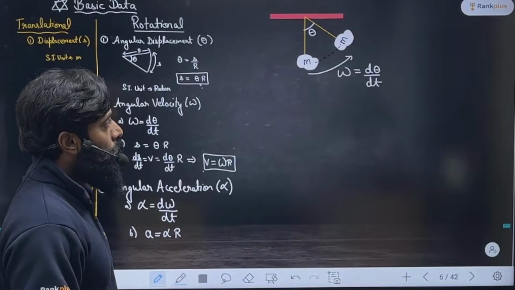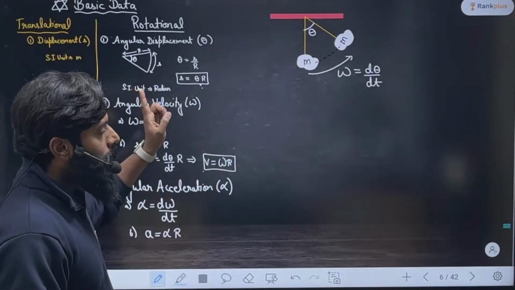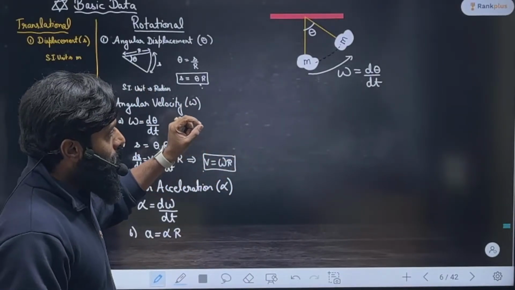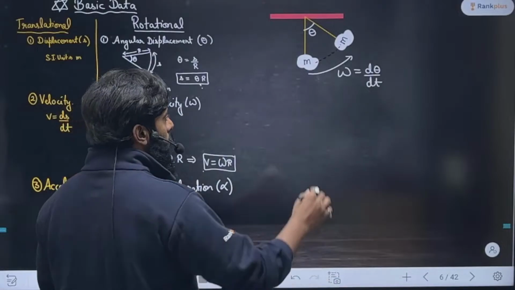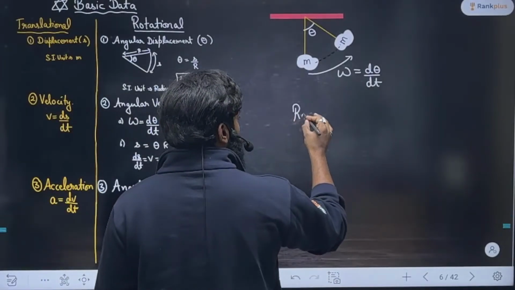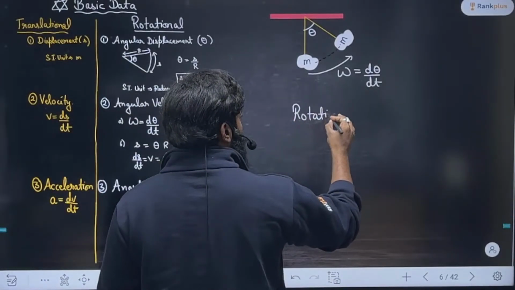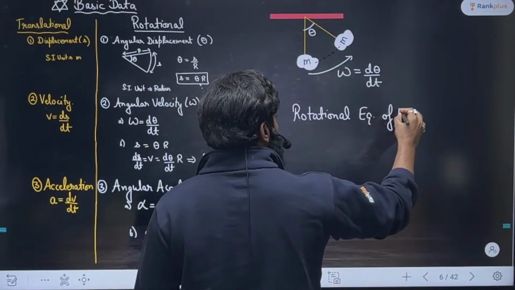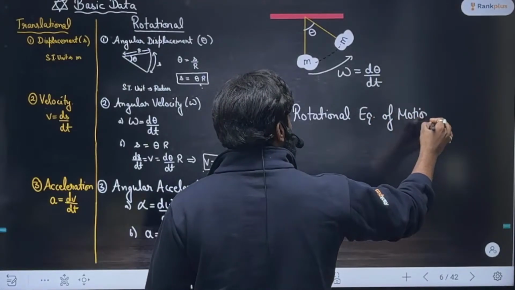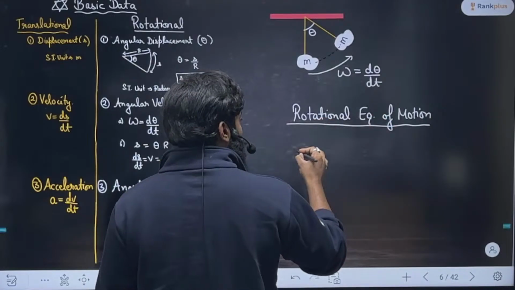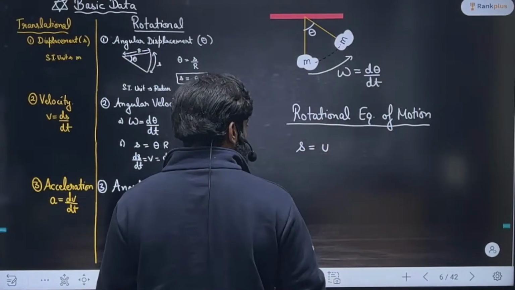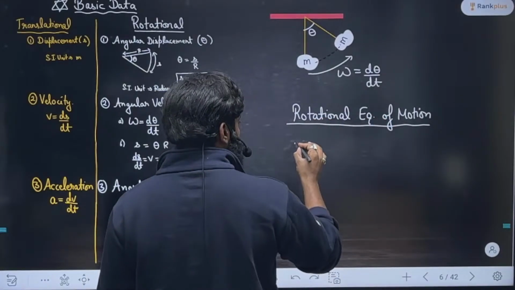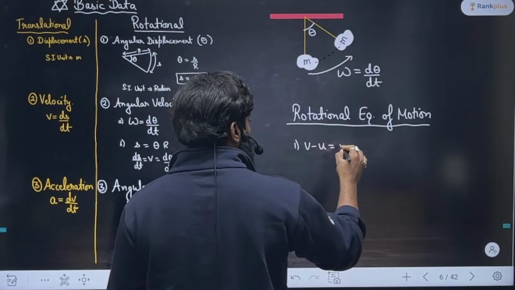Now, we were having the equations of motion. We can transform those equations of motion into rotational equations as well. So now here we have the rotational equations of motion. Let's start with the first, V minus U equals AT.